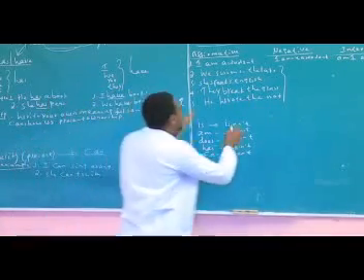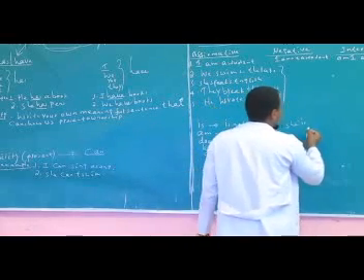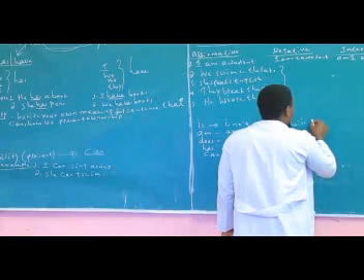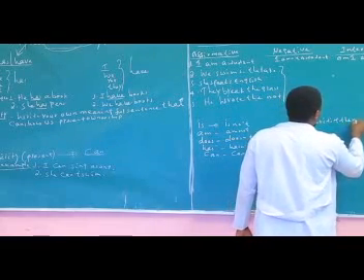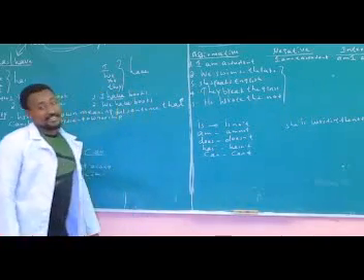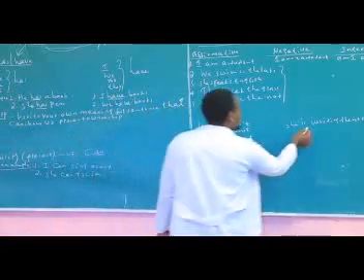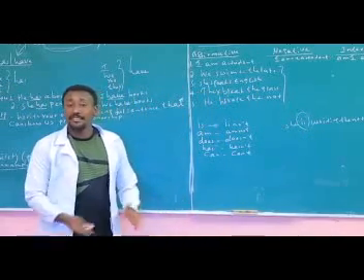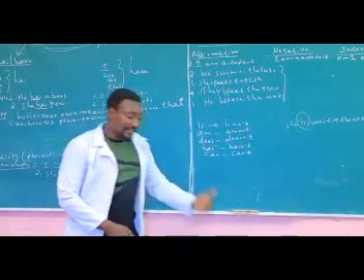Let me add one more example. She is, let's say, she is writing the note. She is what? Writing the note. Now there is what? A helping verb is here. Good. So we can make it into what? Negative and interrogative, students. She is writing the note.